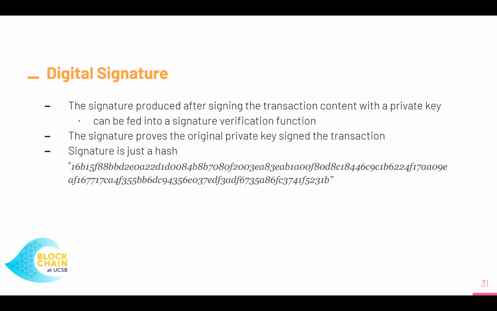And the key part is, although we only know the public address from running this signature verification function, there's actually very strong cryptography that guarantees that the corresponding private key has signed the transaction, which authorizes things like sending funds and running smart contract functions, right?